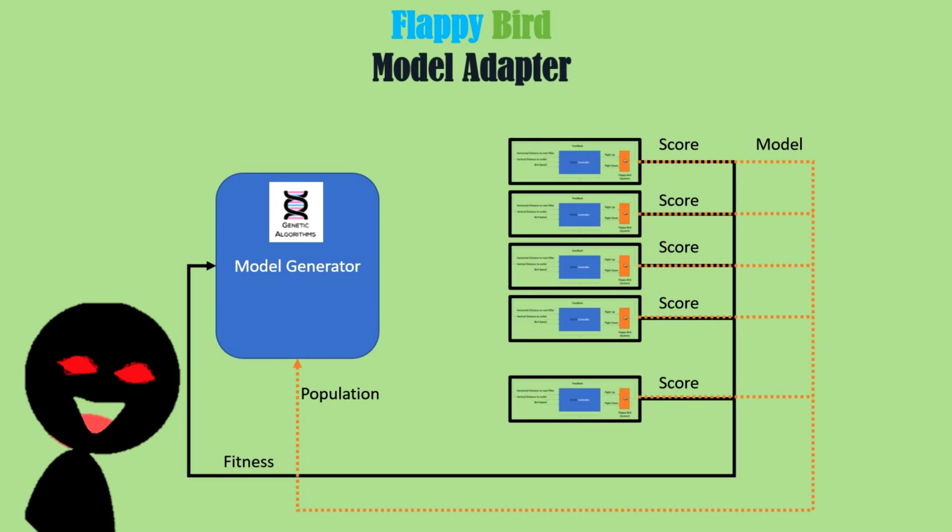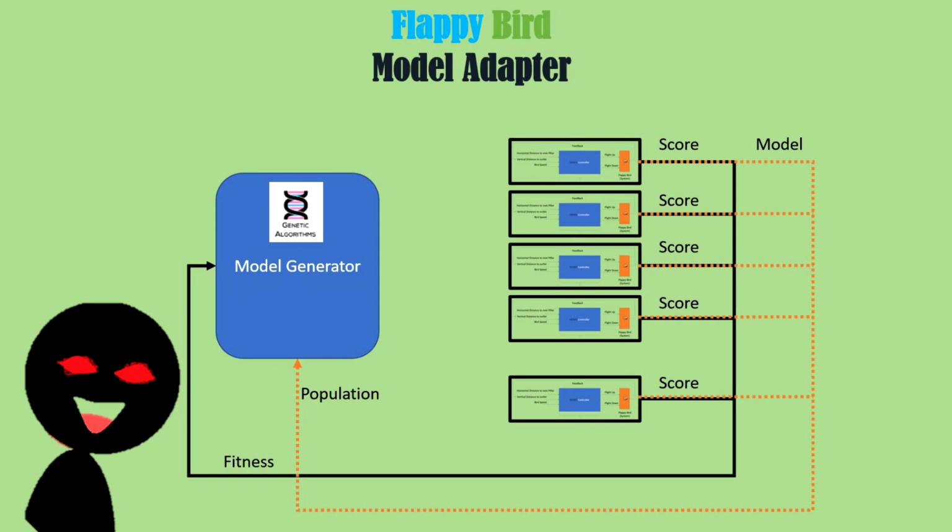Okay, so we will have scores, and with those scores we will also have models, and we have a model generator that will take the population. The population is the models, or the members of the generation, and the fitness. Fitness is made through the scores, and through this we will have the selected population and offsprings.